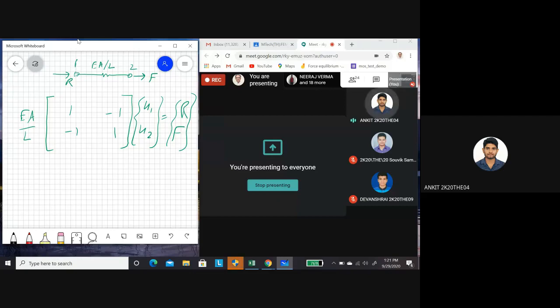Sir, if you take u1 as 1 and u2 as 0, then we can find the value of r in the same manner. If you take u1 as 0 and u2 as 1, we can find the respective value. Anyone else?